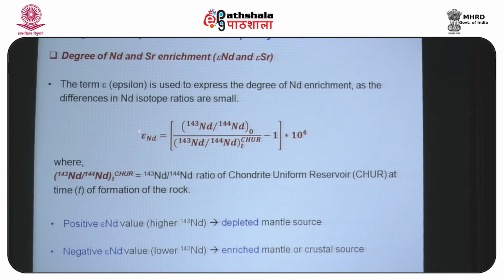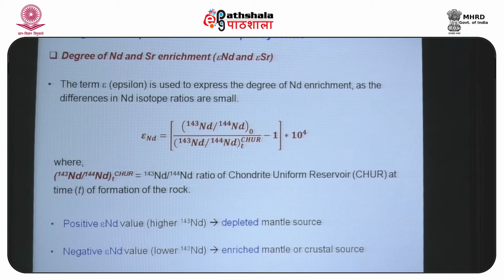So, epsilon Nd is equal to 143 Nd by 144 Nd initial, which is the initial ratio at the start of the decaying process, divided by 143 by 144 Nd at time t of CHUR, which I am going to explain, minus 1, times 10 to the power 4.